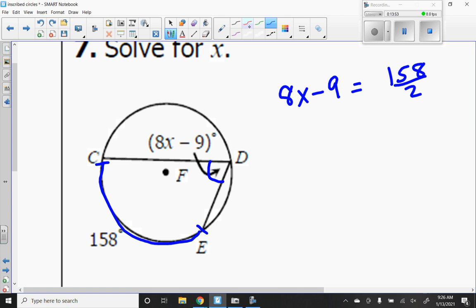The other option is to double your inscribed angle and make it equal to its arc. Either one is correct. You just pick whichever one you want. So if you just want to say 158 divided by 2, write that down, make it equal to 8x minus 9, you're good. Either one gets a correct answer.